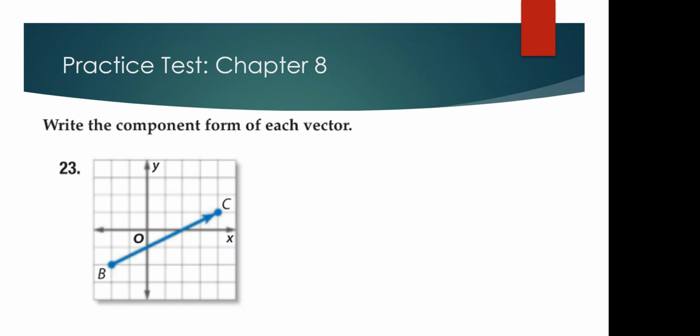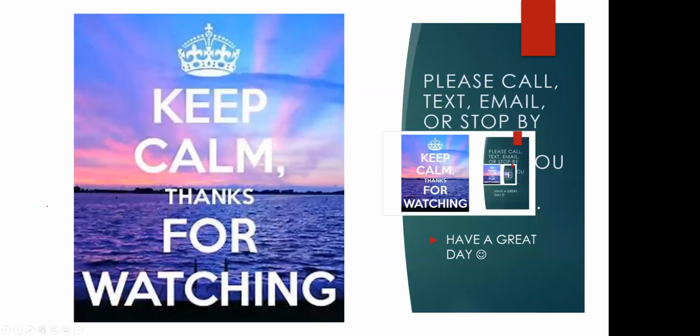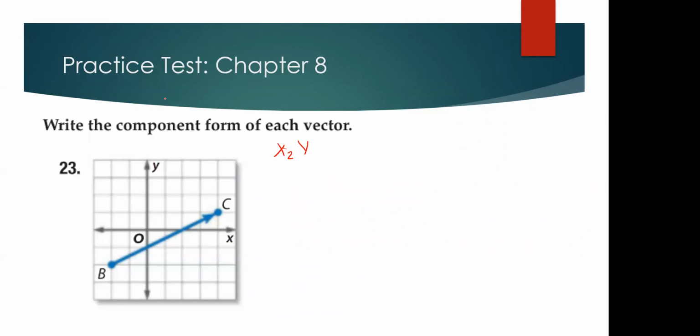So to write the component form of a vector with initial point x1, y1, and terminal point x2, y2, what we need to do is find x2 minus x1 and y2 minus y1.